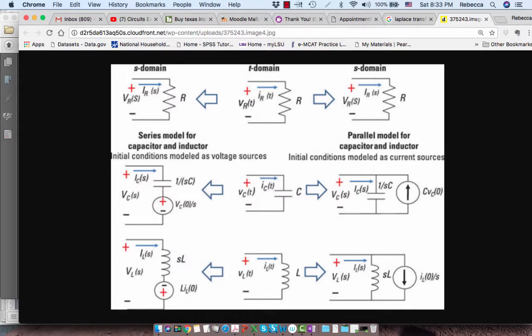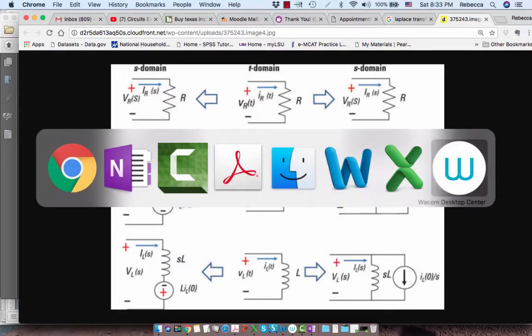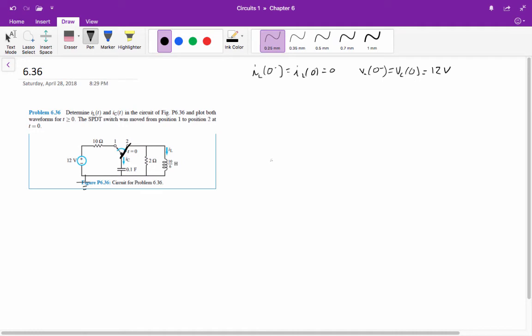So let's go back and transform our circuit into the S domain. Our capacitor will turn into a capacitor and a current source in parallel. The current source is CVC of 0.